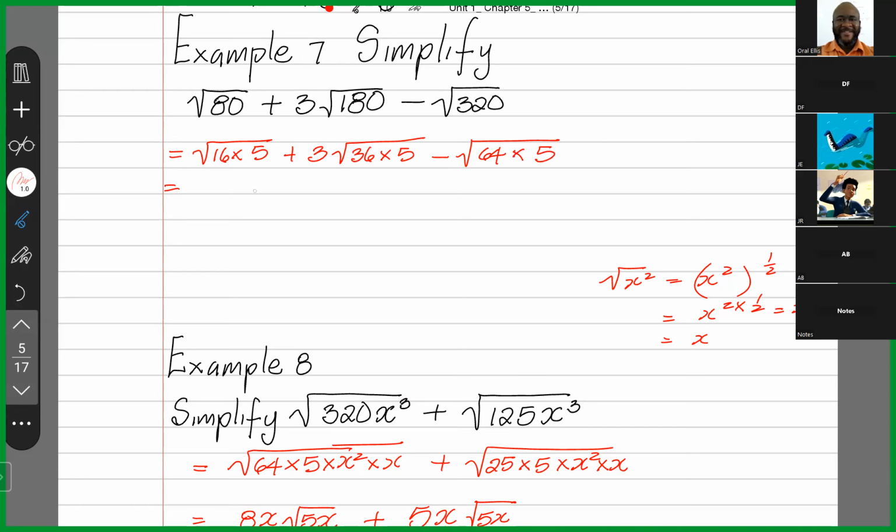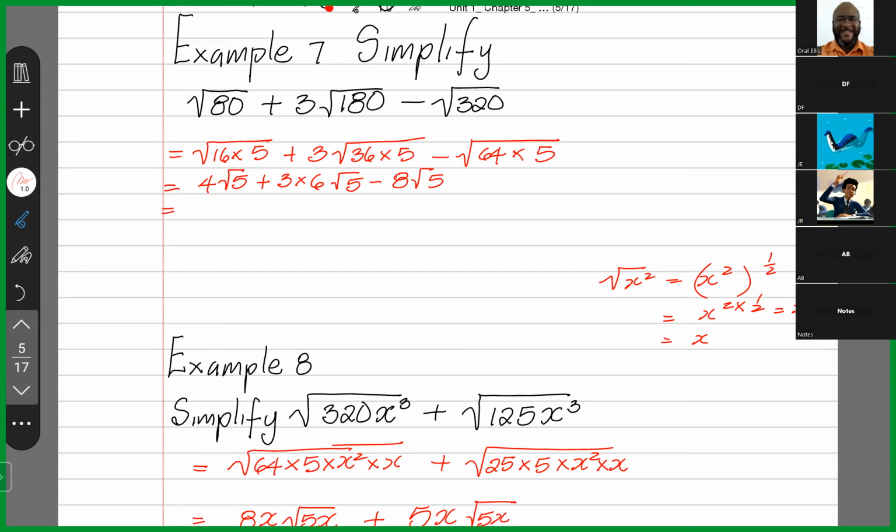So the root of 16 times 5 is 4 root 5, plus 3 times 6 root 5, minus 8 root 5.